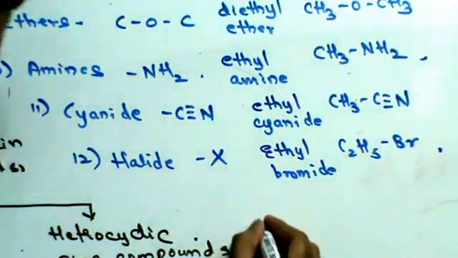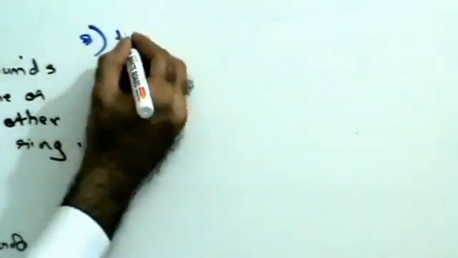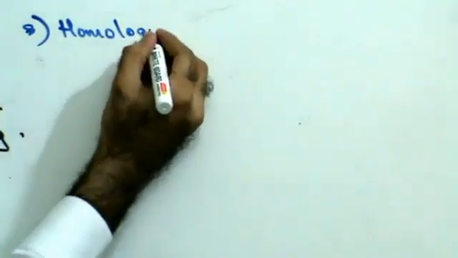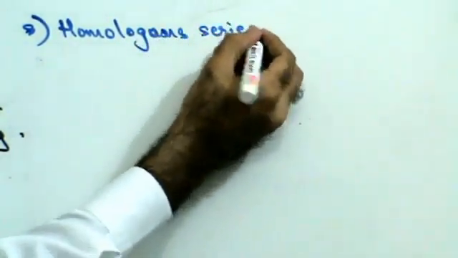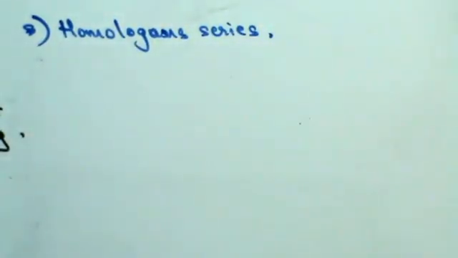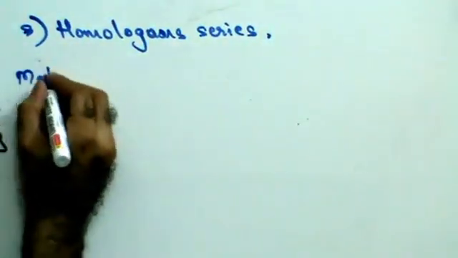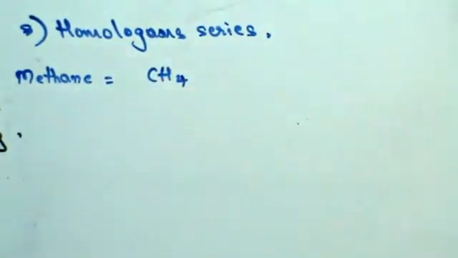Right? Next. What do we understand by homologous series? Now, guys, let's see this. For example, let's consider methane. Methane is CH4.